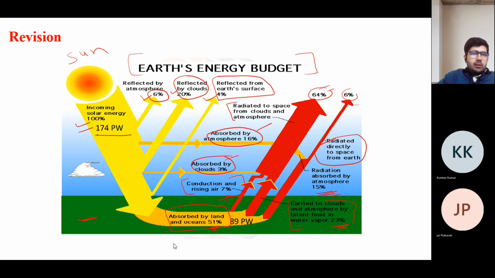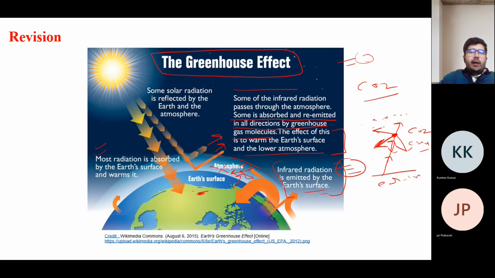In this slide, we discussed the Earth's energy budget. In these slides, we discussed the greenhouse effect, how the greenhouse gases are increasing the average temperature of the Earth's atmosphere and how they are trapping heat.